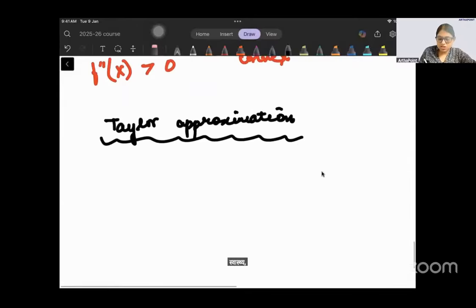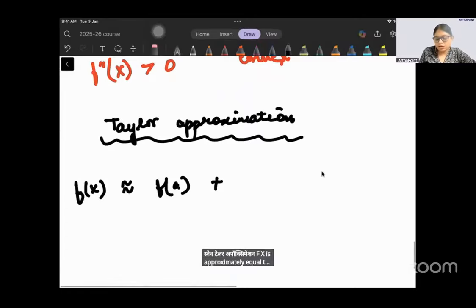So in Taylor approximation, f(x) is approximately equal to f(a) plus f'(a)(x minus a) if it is a linear approximation.